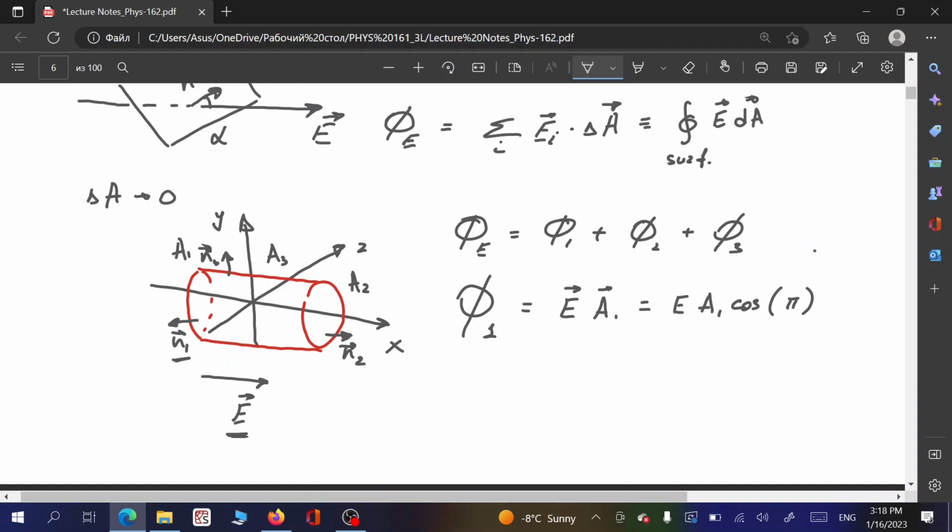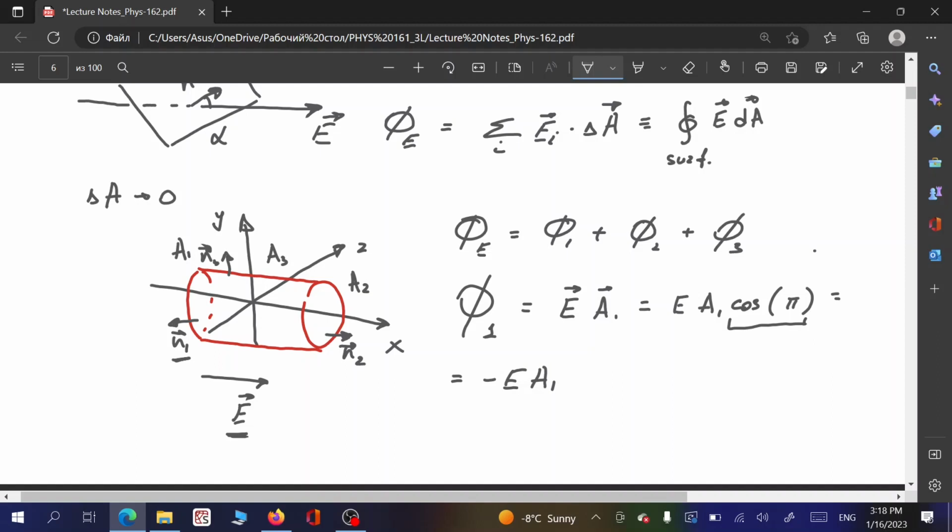So there is 180 degrees between them. So what this will give us, not just one, minus one. So it will be minus E times A1.